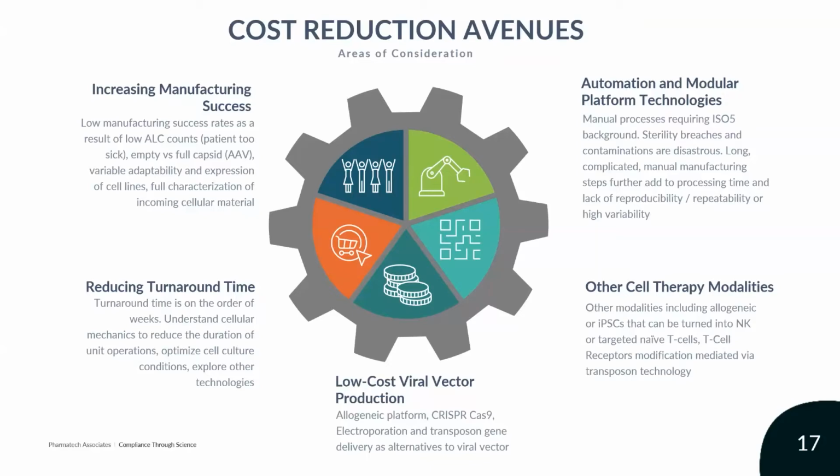So we'll talk about some CRISPR-Cas9 technologies, transposon, and electroporation. The last two that we'll discuss are automation and modular platform technologies that can reduce error rates, enable multiple parallel lot processing, and hopefully automate manual manufacturing to the point where you don't have to be so concerned about re-cleaning the room prior to introducing another lot, or about chain of identity concerns.